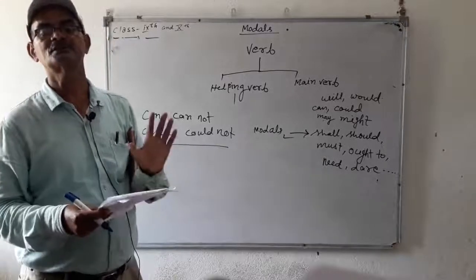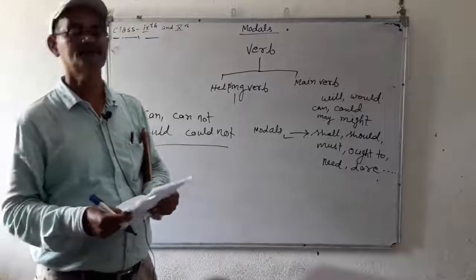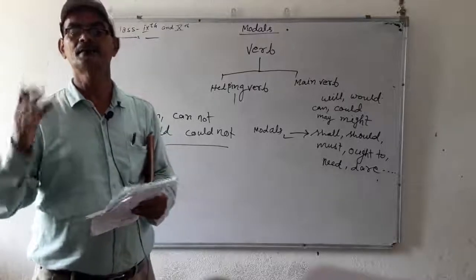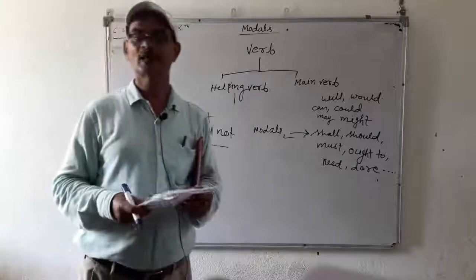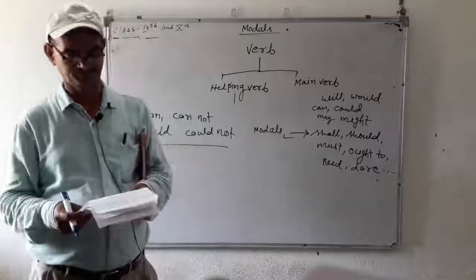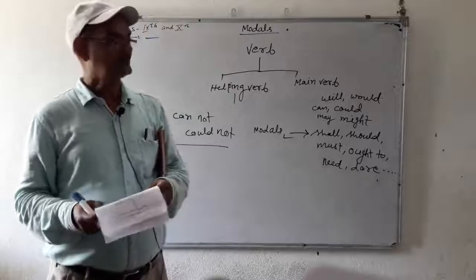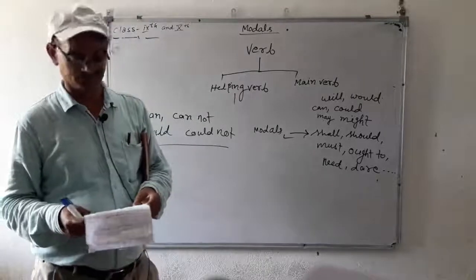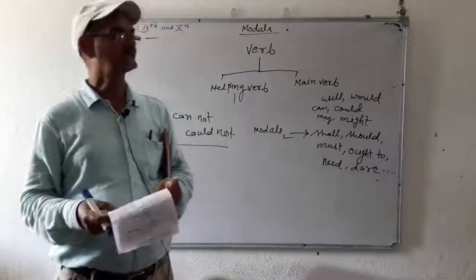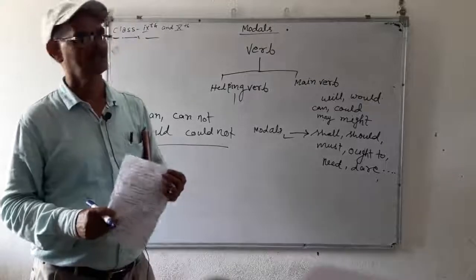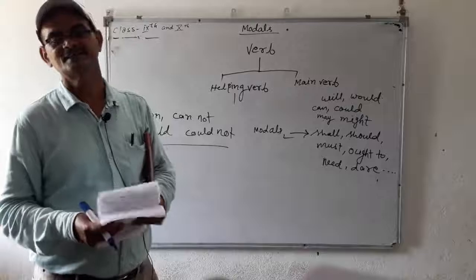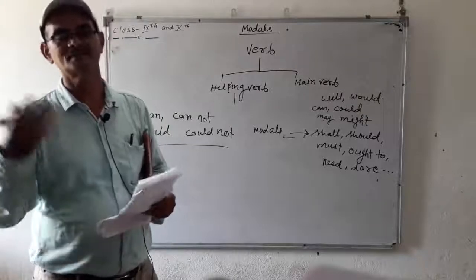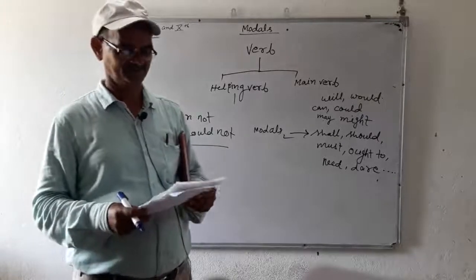It is a theoretical possibility that anybody can make mistakes. Habit or nature: he cannot be polite. If anyone is so proud that he cannot be polite, we can say he cannot be polite, he will never be polite.